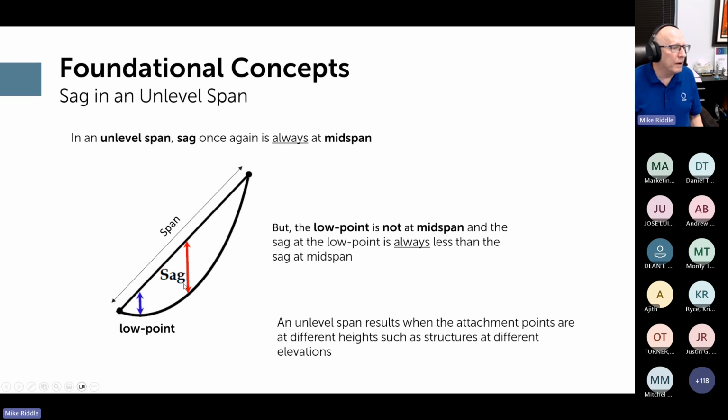So here's your point of maximum sag. Here's the sag at the low point. So it's always less than the sag at midpoint. And as you can already surmise, you get an unlevel span when the two attachment points are at different heights. That could result from structures at different elevations. One structure is on a hill, the other structure is beneath it.